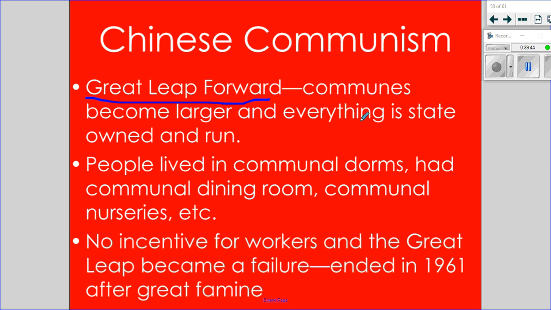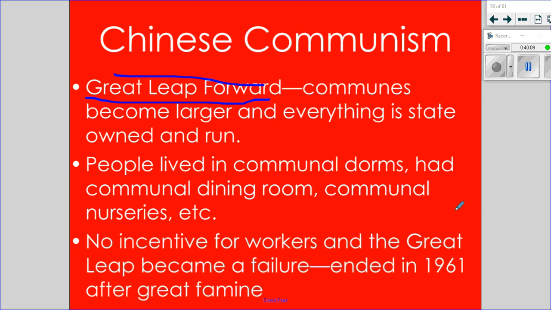And if you tell the most populous nation on earth to melt down their farm implements and make steel, it's going to be bad. And the conservative estimates are in the tens of millions. Over 30 million people died in the Great Leap Forward. There are reports of cannibalism, terrible things happening during the Great Leap Forward.